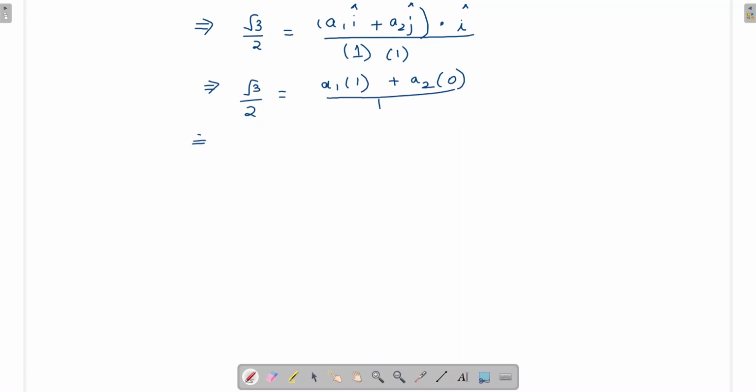So root 3 by 2 is equal to a1. So a1 we got.